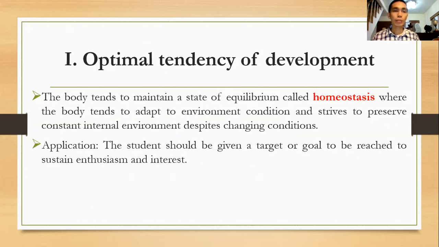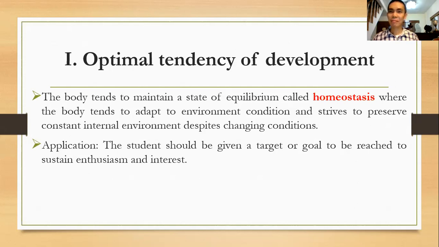All right, and the last one for the principles is optimal tendency of development. The body tends to maintain a state of equilibrium called homeostasis, where the body tends to adapt to the environmental condition and strives to preserve a constant internal environment despite changing conditions, right?